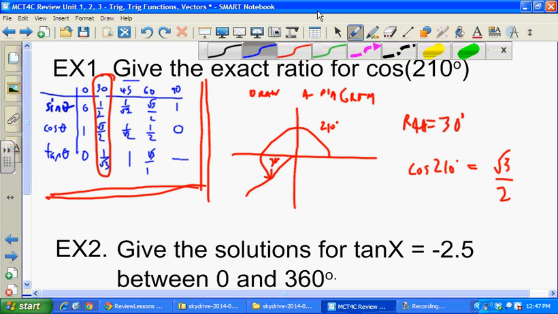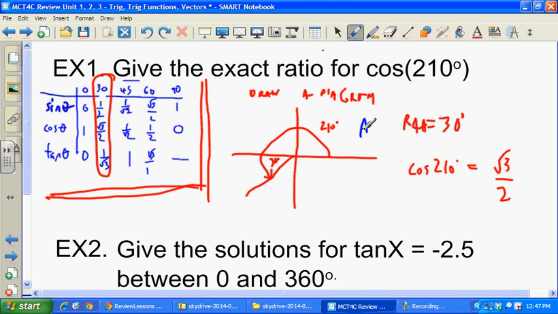If you remember, the CAST rule told us which of the trig ratios were positive in each of the quadrants. So all of them in the first, just the sine in the second, tan in the third, and cos in the fourth. So in the quadrant where this 210 degree angle ends up, only the tangent was positive, and so the cos of 210 degrees is actually negative, and there's your final answer. It's just that easy.